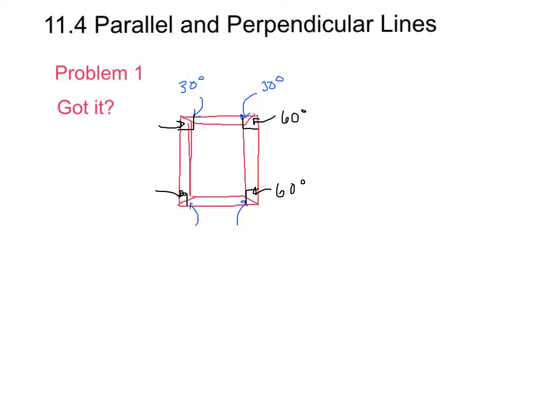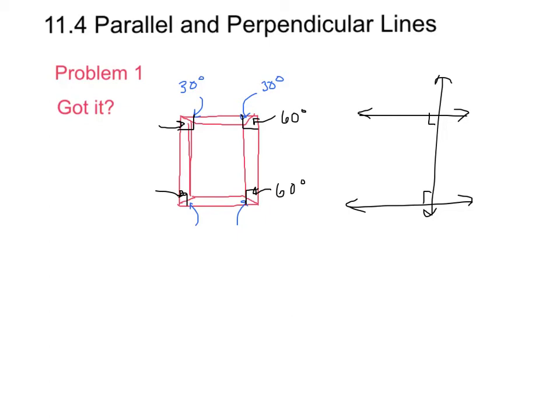But this is the important part. Why are opposite sides parallel? So why are the top and bottom of this picture frame parallel, and why are the sides parallel? Well, here's what we're going to look at. I'm going to draw the top and bottom, but I'm going to pretend that they're not segments, they're just lines going on forever. So if I have a line and another line, and I have this line, and let's say it forms 90-degree angles.